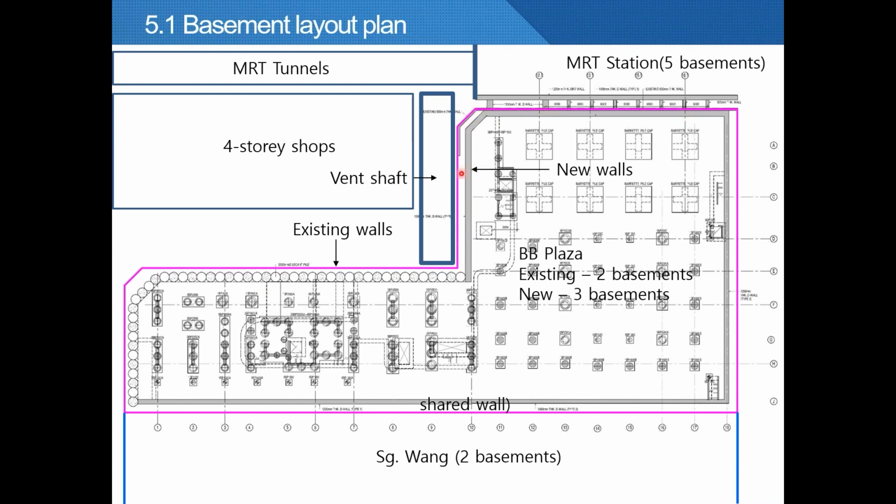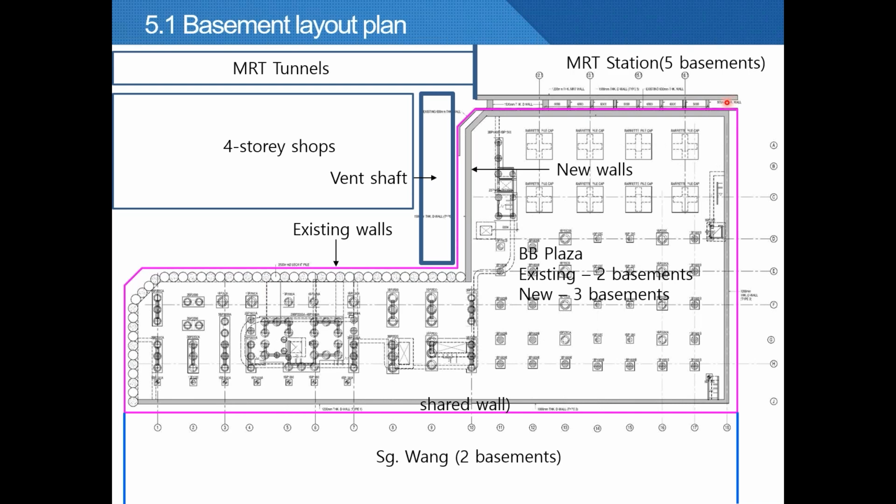This is the existing 2-level basement. The new 3-level basement will be constructed parallel to the existing 2-level basement. The new basement wall is butted to the underground MRT stations by a series of buttresses.